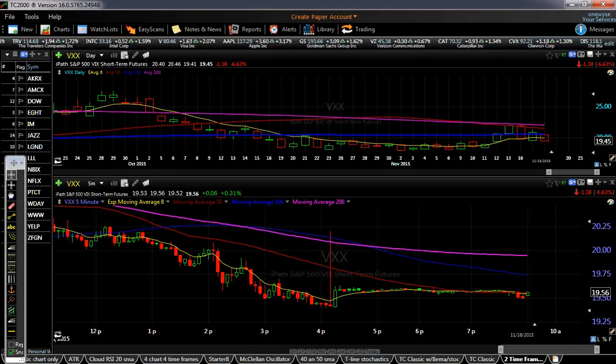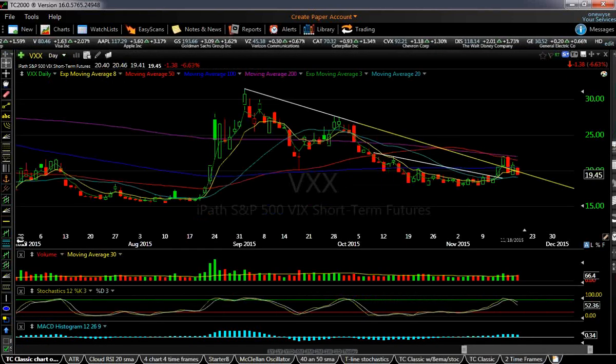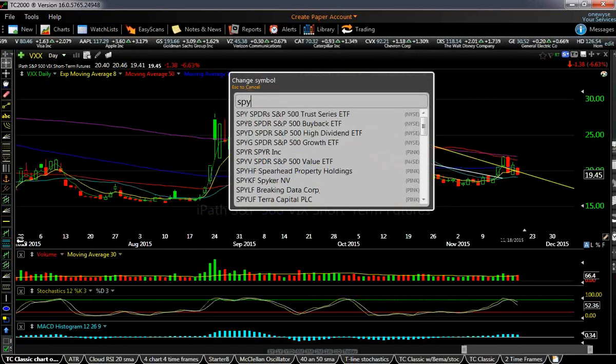I look at those four indexes, at what the candlestick pattern looks like and where they are as far as the moving averages are concerned.